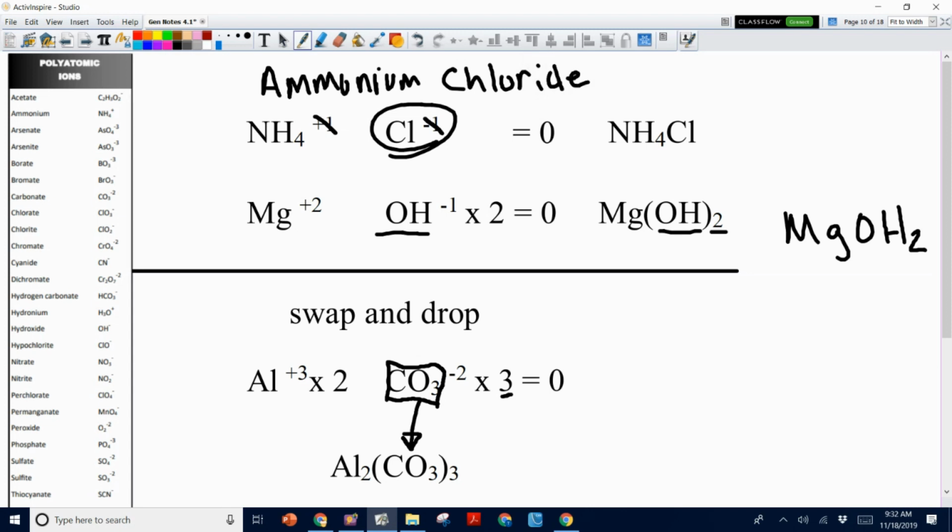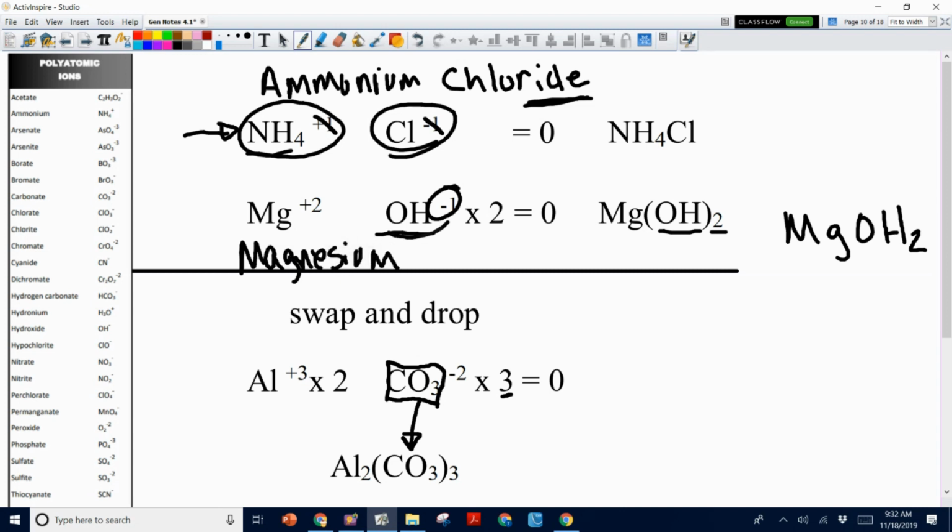This is the only one where you're going to change the ending on the polyatomic ions, because this is the only positive polyatomic ion that we're going to use. Every other time, the polyatomic ion is going to have a negative charge, so we're not going to change anything. So this is going to be magnesium.